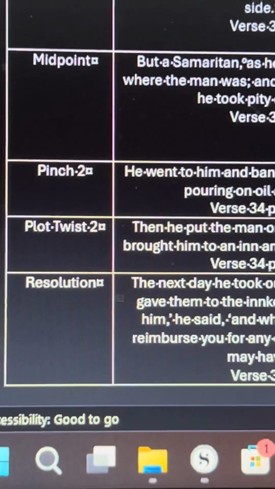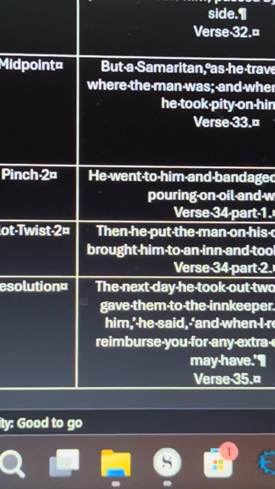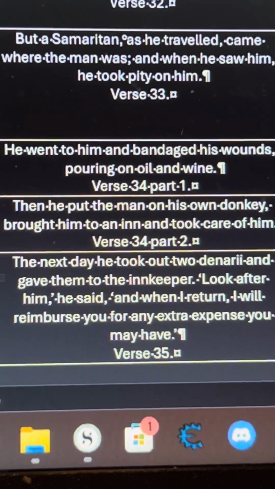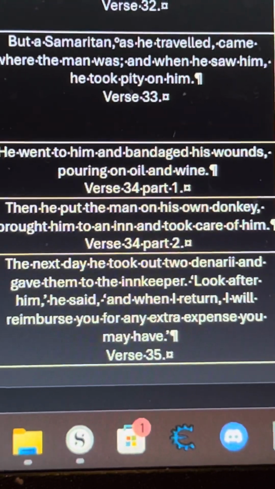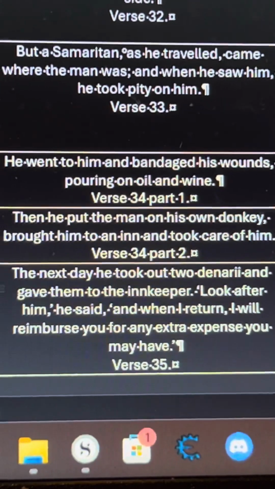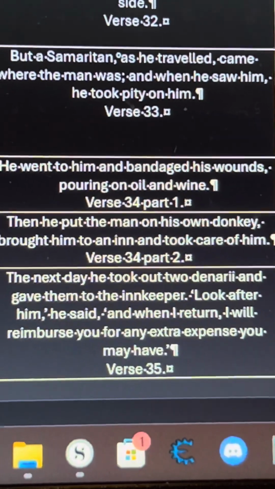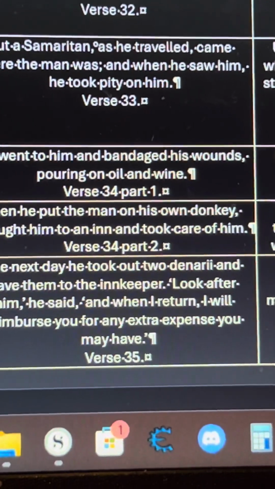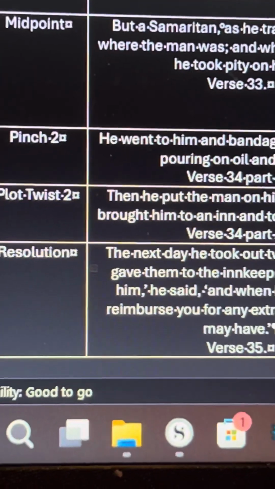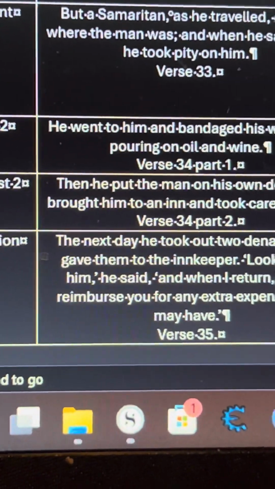And then the last part, resolution. The next day he took out 2 denarii and gave them to the innkeeper. Look after him, he said, and when I return, I will reimburse you for any extra expense you may have. Verse 35. So that is the end of the story of the Good Samaritan.